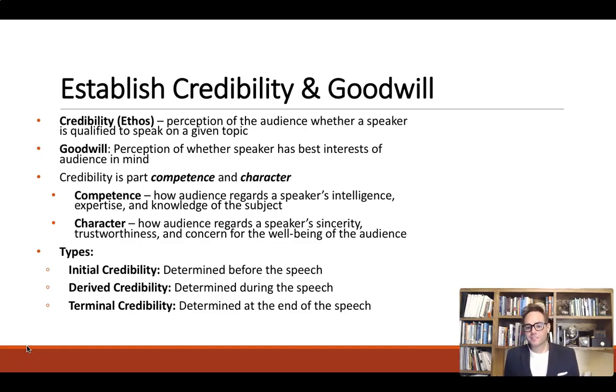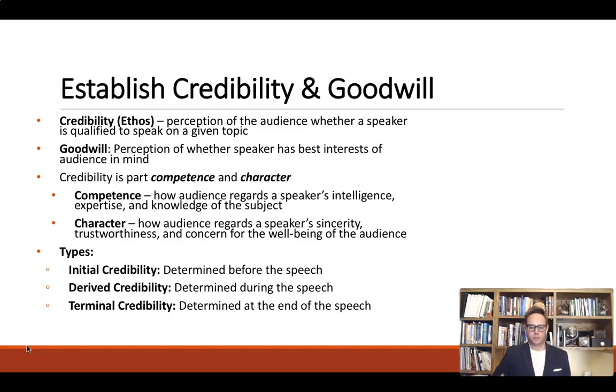So there are different types of credibility. There's initial credibility, and this is determined before a speech. We just wrapped up, early in the semester, the peer introduction speeches, right? If we are a keynote speaker, someone is going to probably introduce us, and they're going to lay down the foundations to establish that credibility.